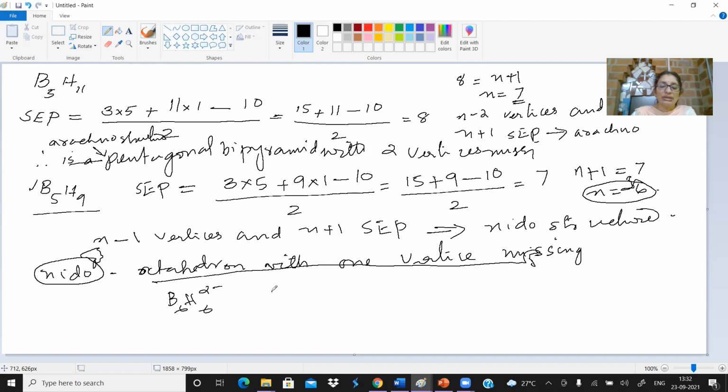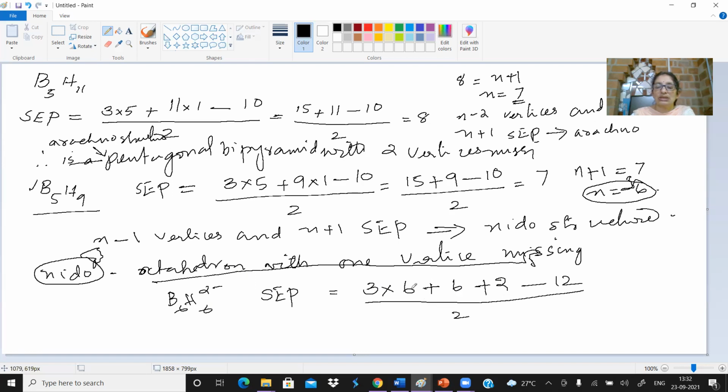So again, you calculate the number of skeletal electron pairs. This is equal to 3 into the number of boron atoms, which is 6, plus 1 into the number of hydrogen atoms, that is 6, plus the charge, that is 2, minus 2 into n, 2 into 6, that is 12, divided by 2.